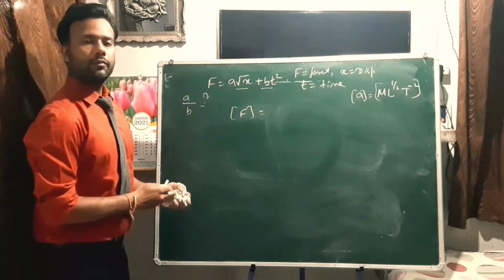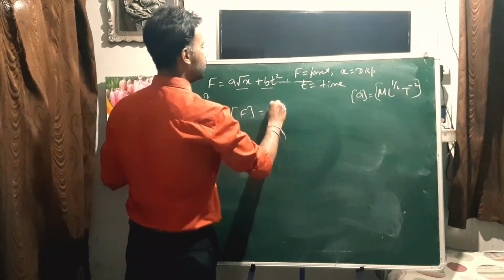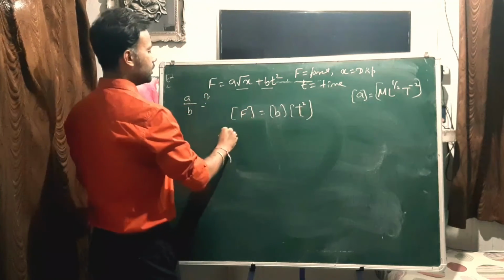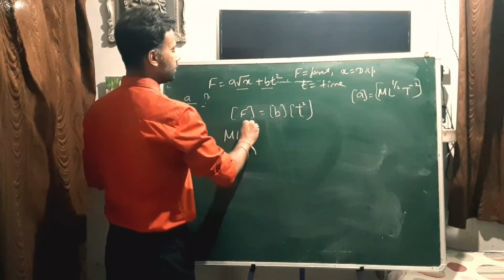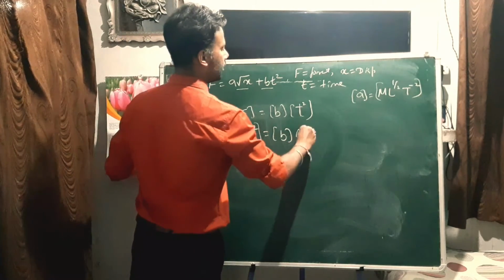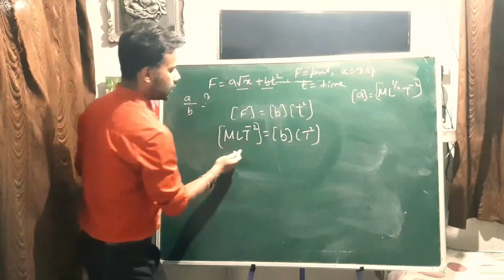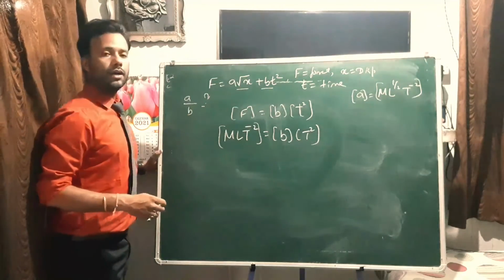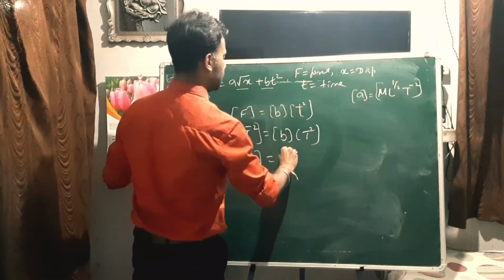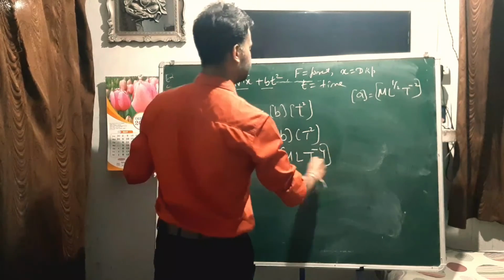So again, from the principle of homogeneity, dimension of F will equal dimension of b and dimension of t square. So this is nothing but M L T minus 2. This we have to calculate, and this will be t square, right? So this will go down and it will become T to the power minus 4. So dimension of b is M L T minus 4.